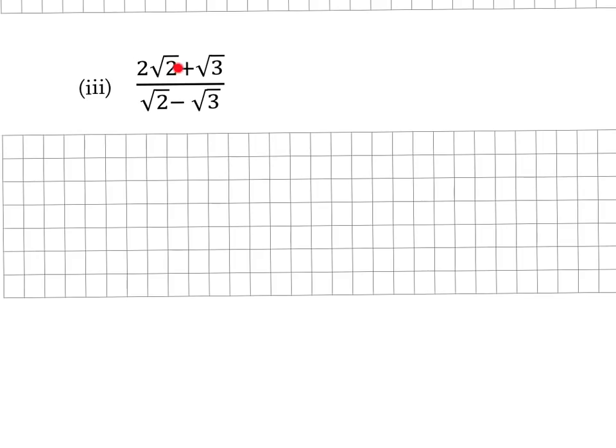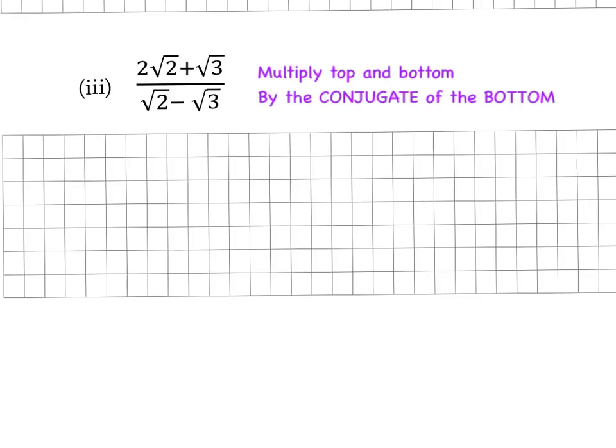Okay, so as you can see here, I have two surds and they're divided by a surd. So in order to simplify that, I need to multiply top and bottom by the conjugate of the bottom.